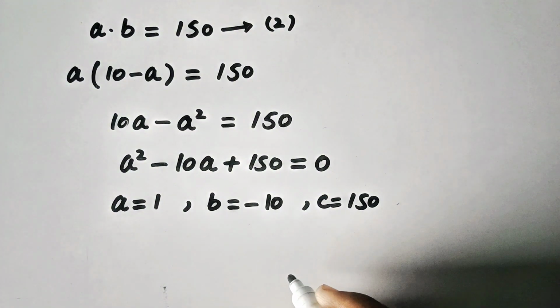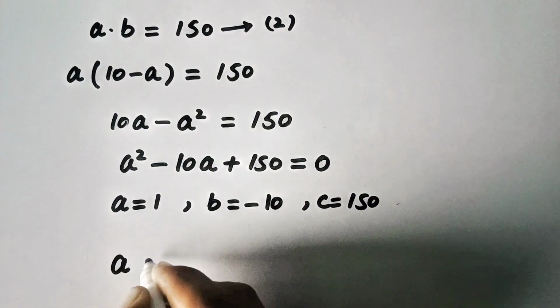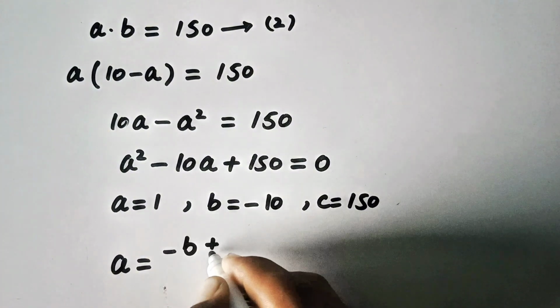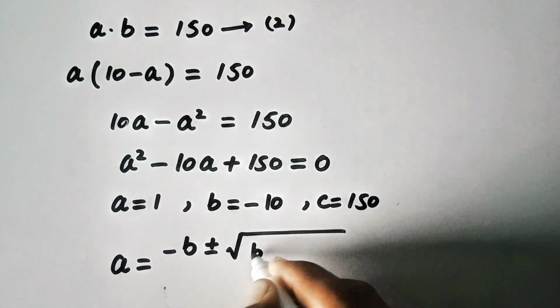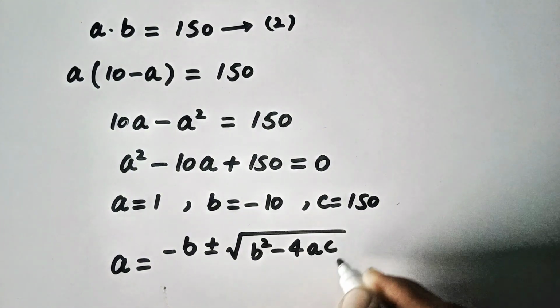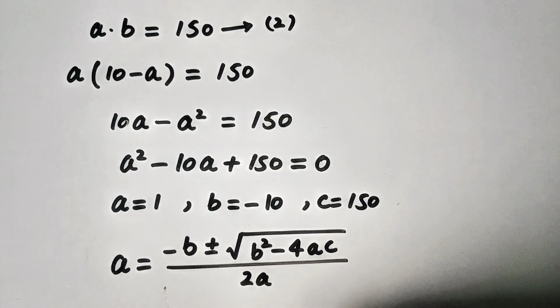And the quadratic formula for the value of a will be, as we know, minus b plus or minus root of b square minus 4ac over 2a.